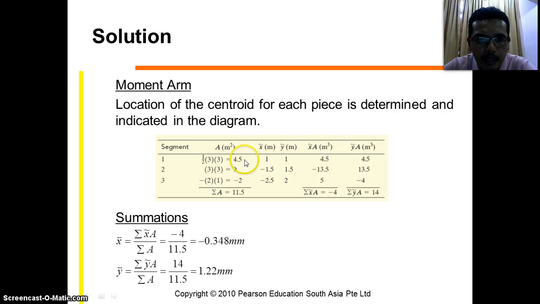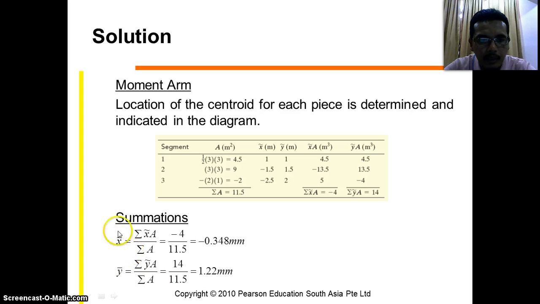Then we calculate the area multiplied by the x bar, so we get the x bar A. The area multiplied by y bar gives the y bar A. Same thing for the next two segments. Then we sum up the total moment here, and we get negative 4 for this one. We sum up the total moment here, and we get 14 for this one. We total up all the areas, 11.5.